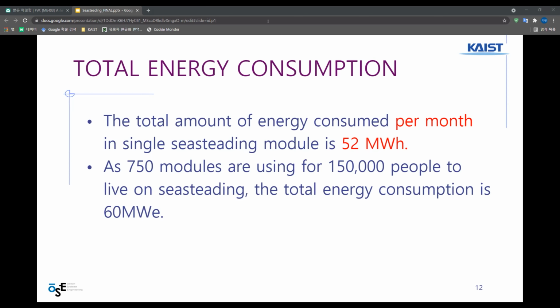Anyway, their number is similar, 52 and 60, but you are saying that 750 modules can use 60 megawatt E, right?